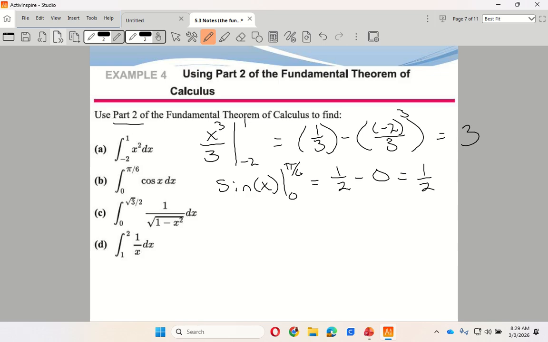So that one's going to be arc sine of x from 0 to square root of 3 over 2.